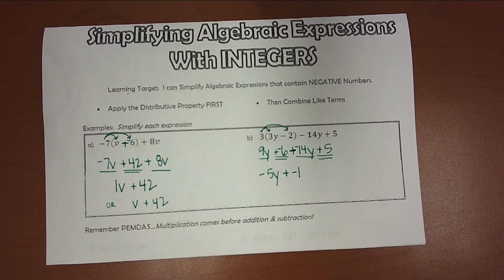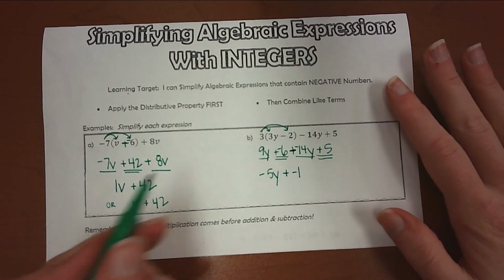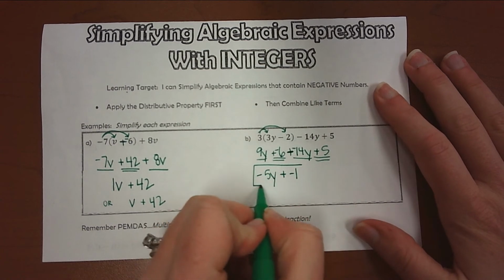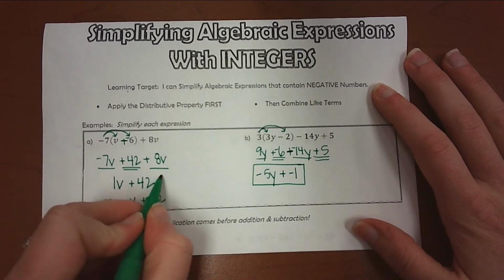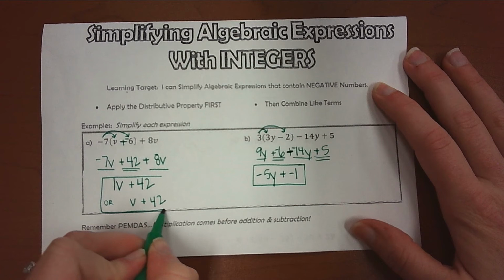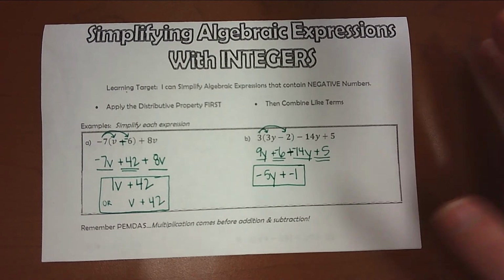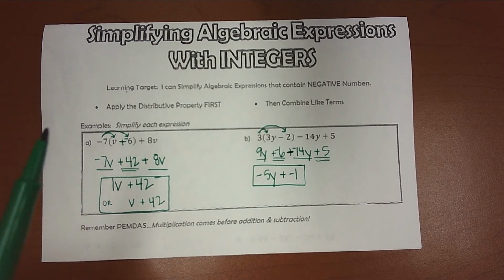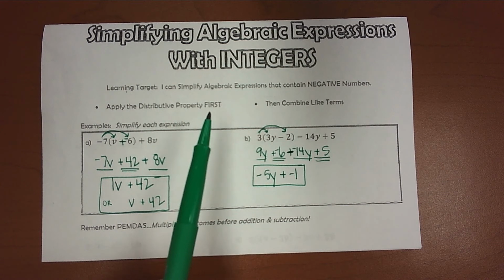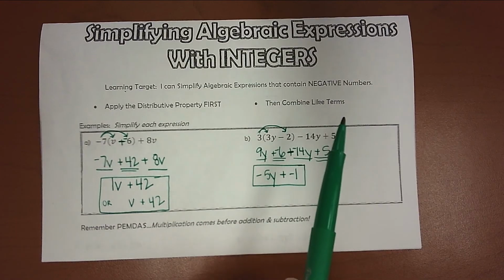So we've got negative 5y plus negative 1, or you could have negative 5y minus 1, since the minus sign can be read as a negative. Either one is fine. So here is my simplified form. Again, when we simplify algebraic expressions, we want to apply the distributive property first, and then we want to combine like terms.